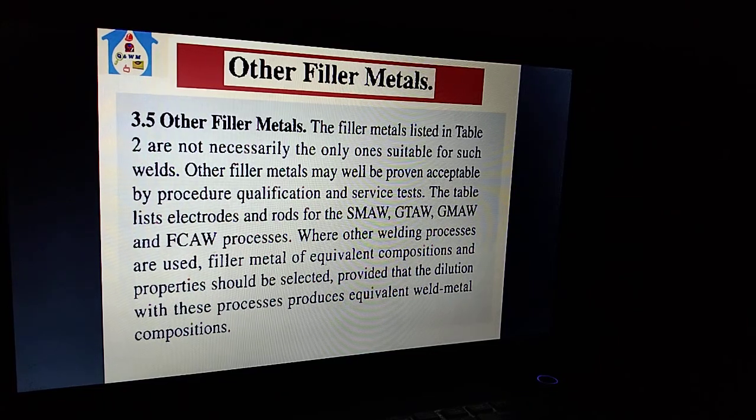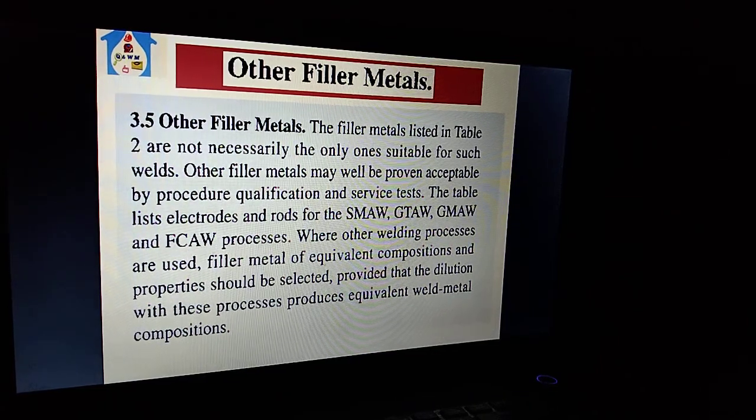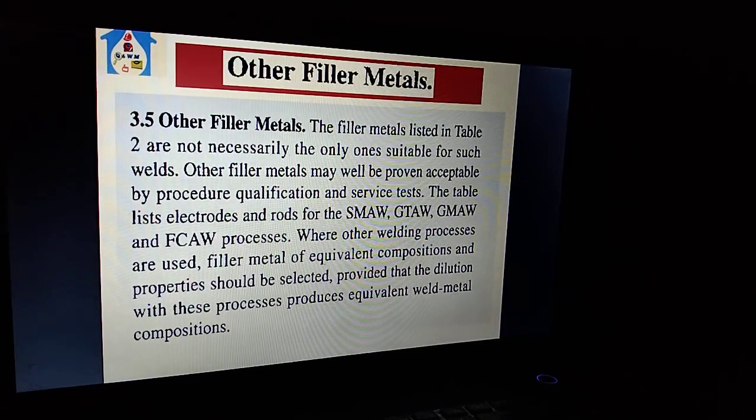Other filler metals. The filler metals listed in table 2 are not necessarily the only ones suitable for such welds. Other filler metals may well be proven acceptable by procedure qualification and service test.